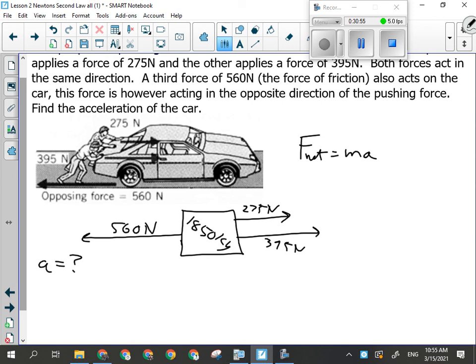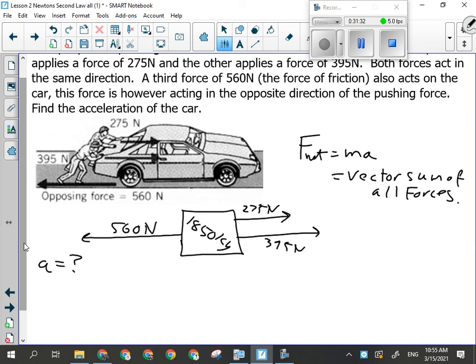This way, which is useless to me right now because I don't know what the acceleration is, and this way. The reality is you're going to use both of those in pretty much every Newton's second law question. You're either going to have the acceleration, be able to calculate net force, and be asked to calculate one of the forces acting on the object, or you're going to have all the forces and be asked to calculate the acceleration of the object. One or the other, but you're always going to end up using both.